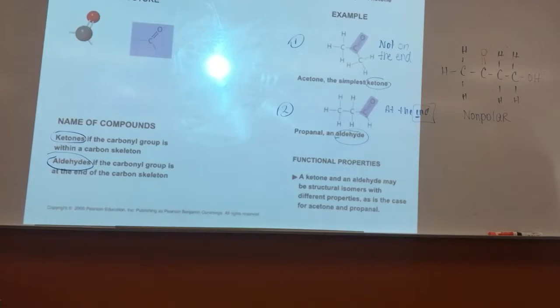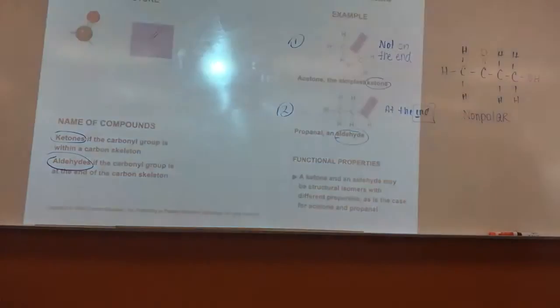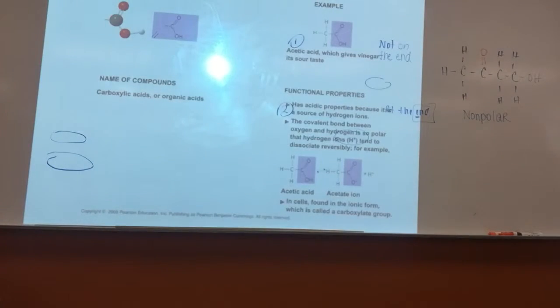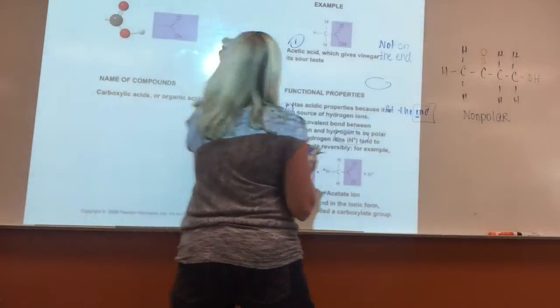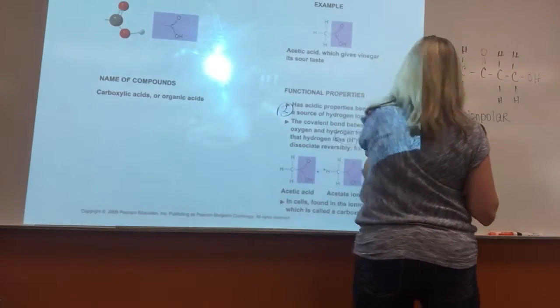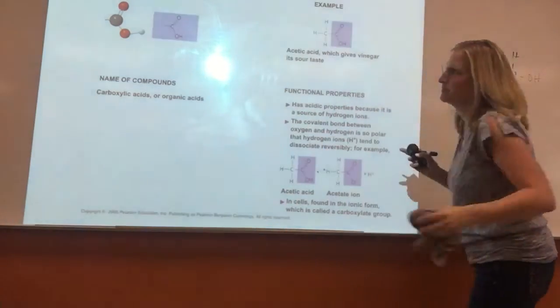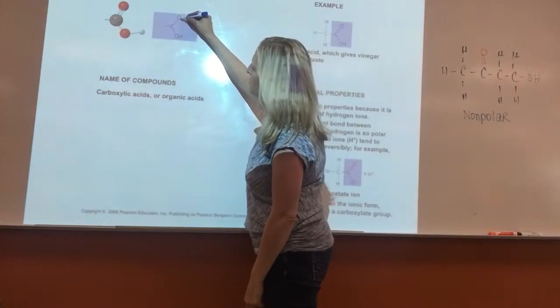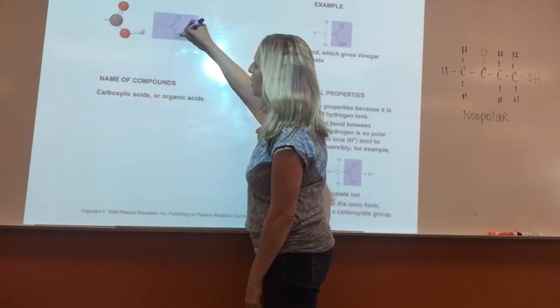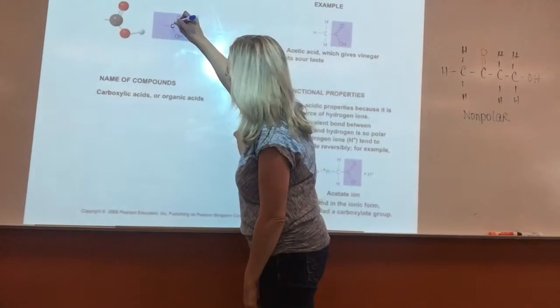Now let's look at the next one, because the next one sometimes confuses people with this first and second one. And so the carboxyl group is the next one. Notice here that you have a C with a double bonded O and an OH coming off of that same carbon.